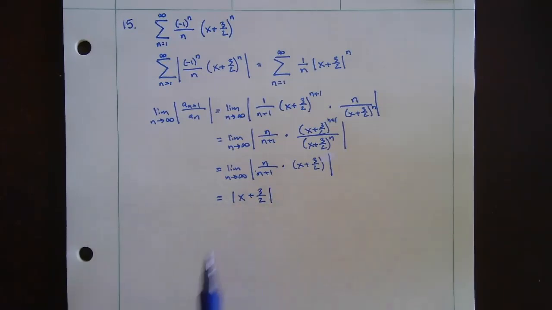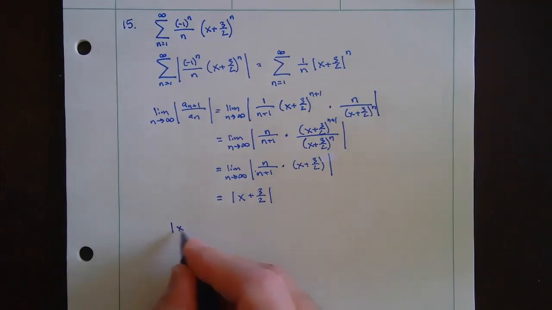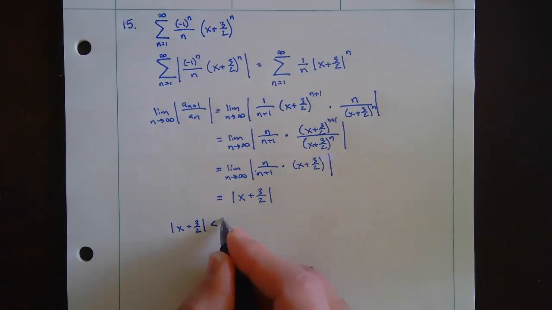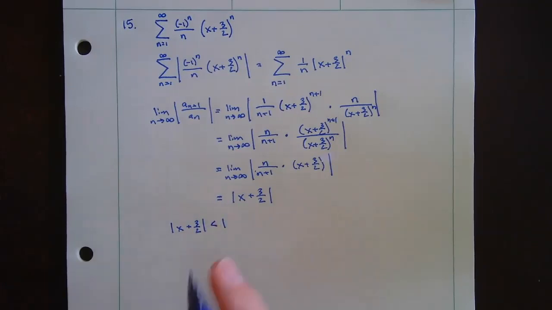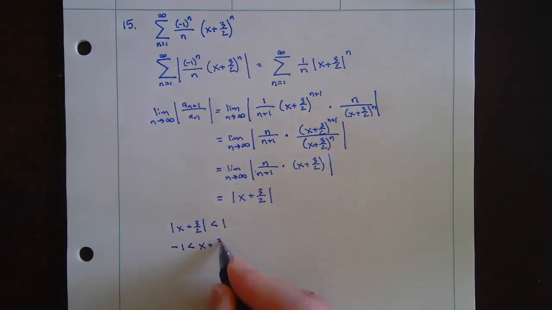We know from the ratio test that this converges absolutely when this value is less than 1. So the absolute value of (x plus 3)/2 is less than 1. This means -1 is less than (x plus 3)/2, which is less than 1.